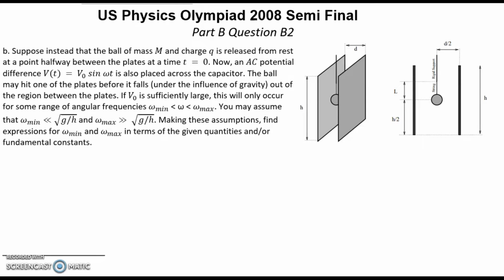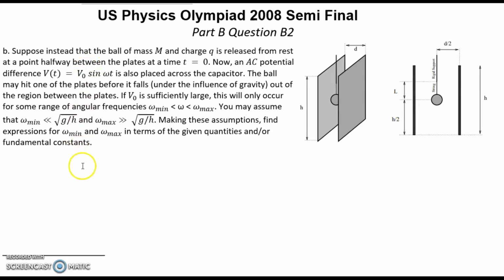Solution. We have potential difference as a function of time. It means that we can count what is the horizontal force on this ball, and by integrating we can find what is speed, and after that what is displacement, horizontal displacement.